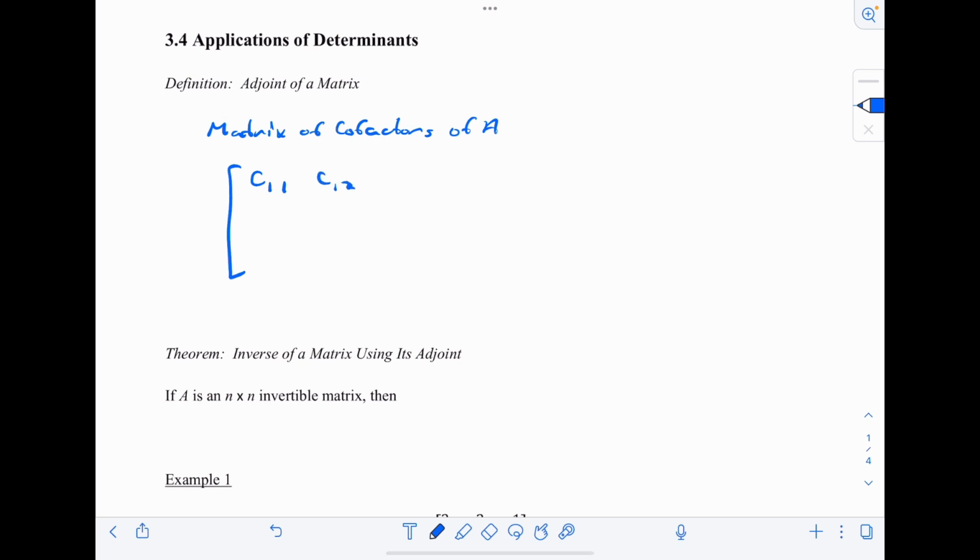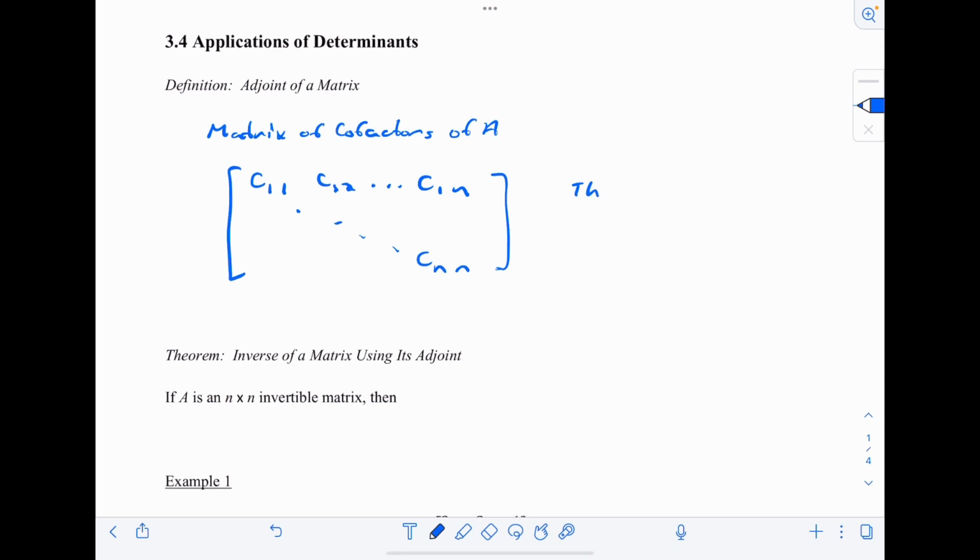Crystal clear, I hope. So as we go along here, we're getting all these cofactors, and I'm just going to cut to the chase here, and we get down to our n by n, and this is our cofactor matrix. Why this is important is because we're talking about the adjoint of a matrix, and the adjoint of a matrix is nothing more than this matrix transposed.